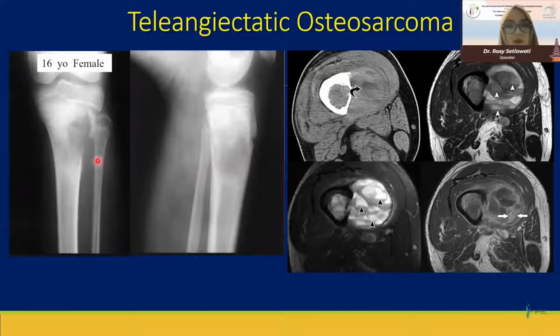But the difference is on X-ray, where we can see a broader zone of transition compared to GCT. On CT and MRI, we can see a soft tissue mass with fluid level that is classic for telangiectatic osteosarcoma.